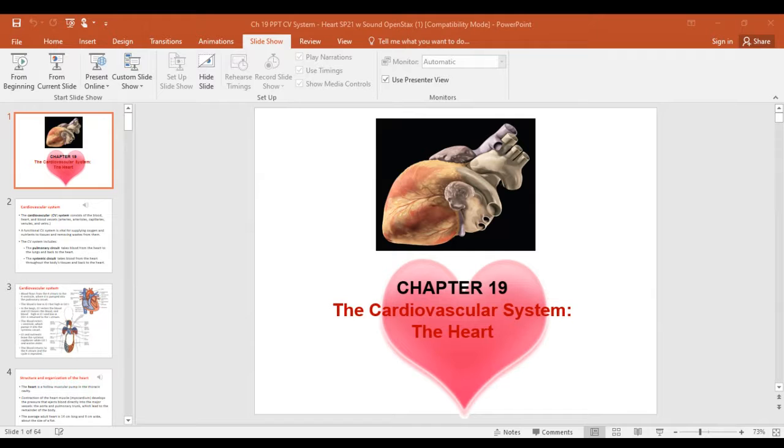Electrocardiogram, ECG or EKG. This is where they put the electrodes on the patient's chest and then measure the electrical activity of the heart.